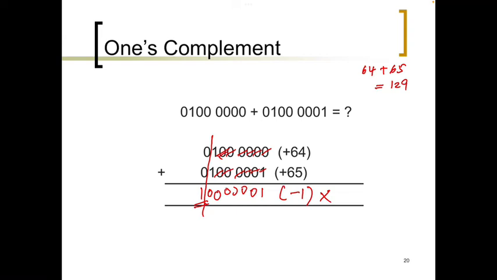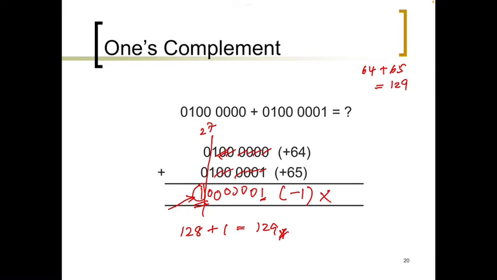The 1 here does not mean a negative sign. In this case we have 128. If you still remember, 2 to the power of 7 is 128, right? 128, then we have 1 here, plus 1 equals 129. So again, the 1 here should not be represented by the sign.